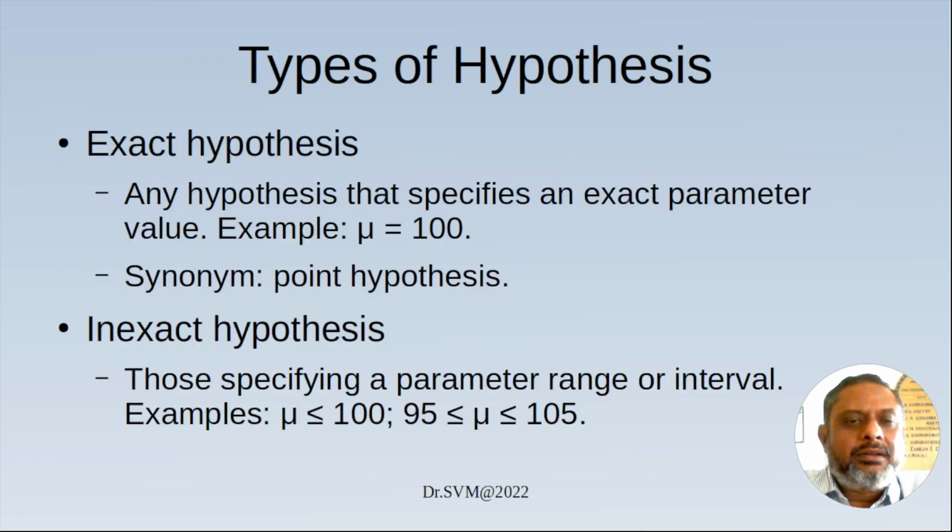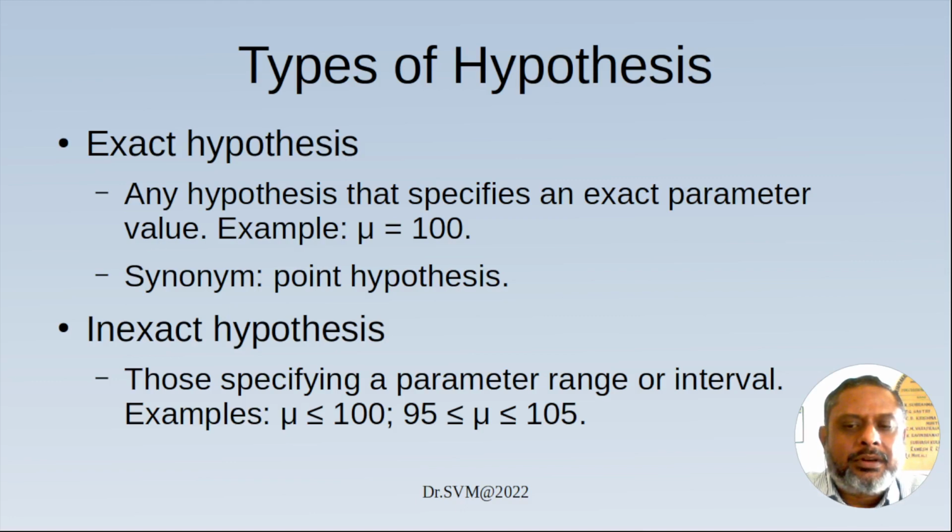Other way we can say it's exact hypothesis. That means you are just trying to say that it is exactly equal to something. That's a point hypothesis. So the null hypothesis may say that the mean is equal to 100. Then alternative hypothesis may be mean not equal to 100. Then another way is inexact hypothesis.